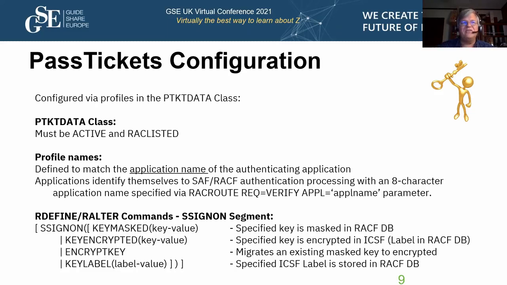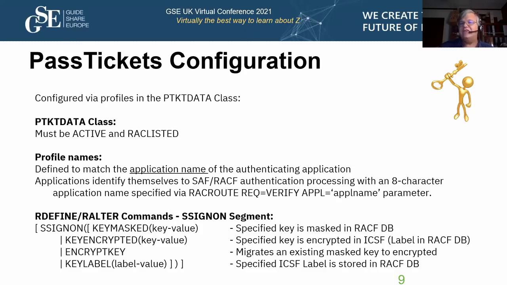You'll see keywords such as KEYMASKED, which is where you put the key that you wanted stored in the RACF database, or KEYENCRYPTED. With KEYENCRYPTED, you would specify the string that represents the key, and then RACF would take that key, stick it in ICSF, generate a label, and put that label in the RACF profile. That was the original support.